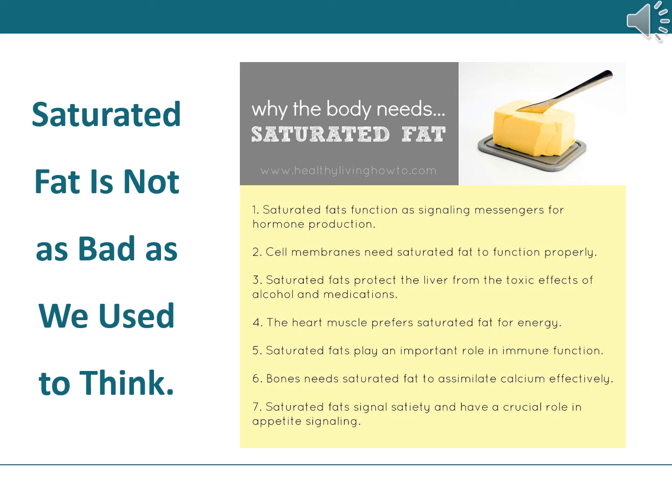Saturated fats play a role in immunity. And bones need saturated fat in order to absorb and assimilate calcium effectively. And we'll cover this later in this course, but calcium is a major structural component of our bones. And then saturated fats also tell us that we're full and they help to control our appetite.